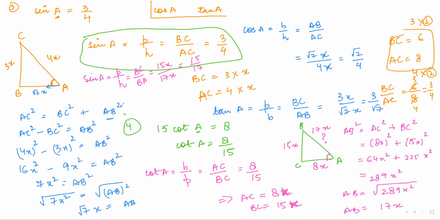And similarly, you have to find sec of A. What's the formula? You find cos and then take inverse. It's difficult to remember. Hypotenuse by base. Hypotenuse is AB, base is AC. So that becomes 17x divided by 8x, which is 17 by 8.